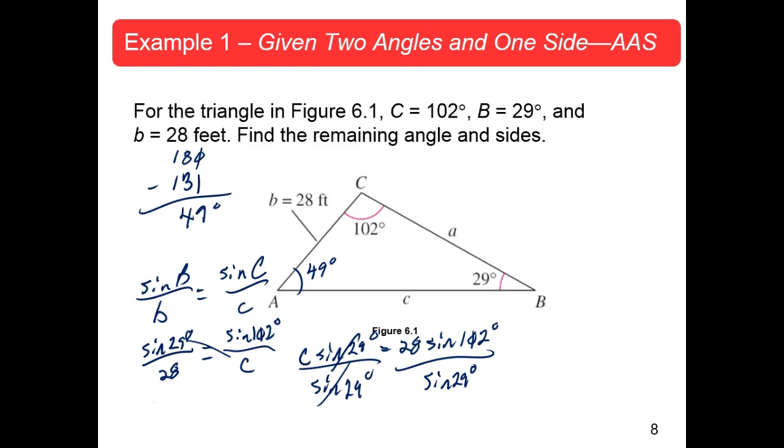What's that? Okay. We can do a quick check and see what you get. Is that 102? Sine of 102 degrees, right? 28 times the sine of 102 divided by sine of 29.